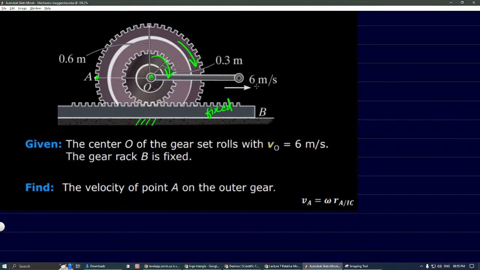So first here we know the velocity. Let us call this point B. So velocity of B will be omega of B into radial distance. Radial distance is 0.3 now.